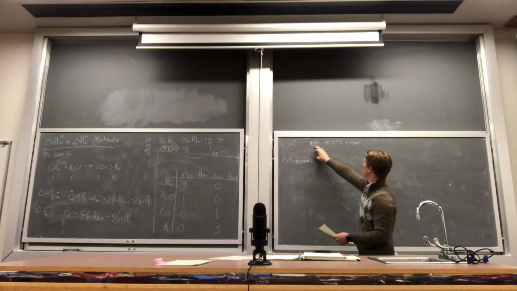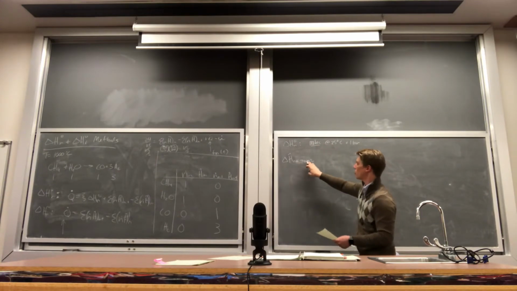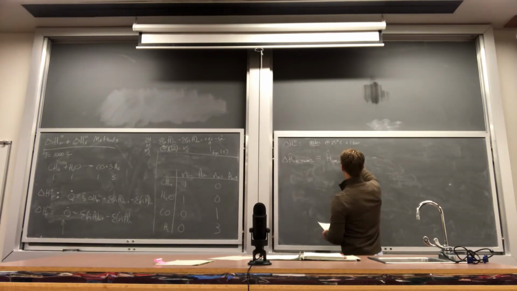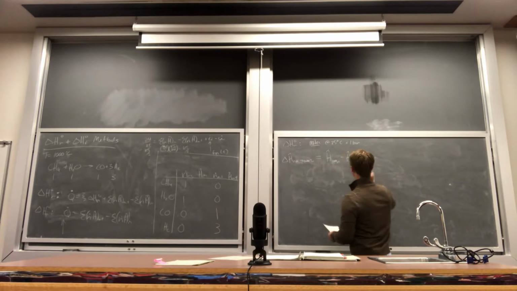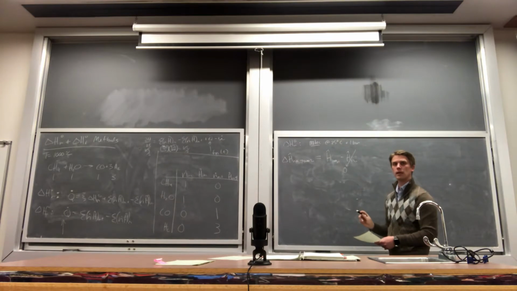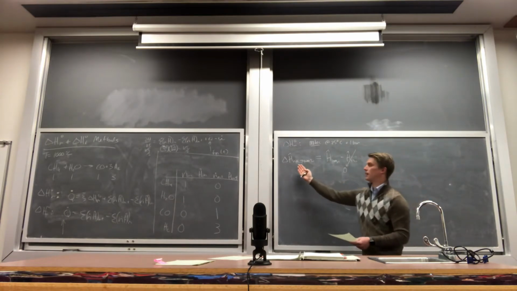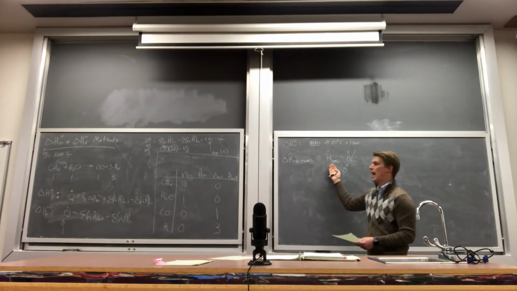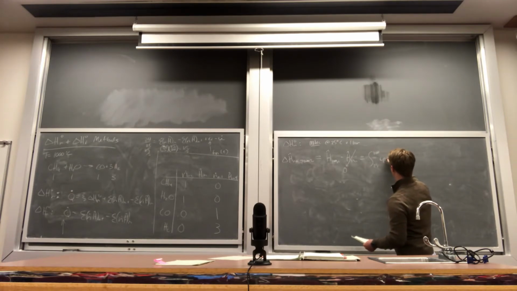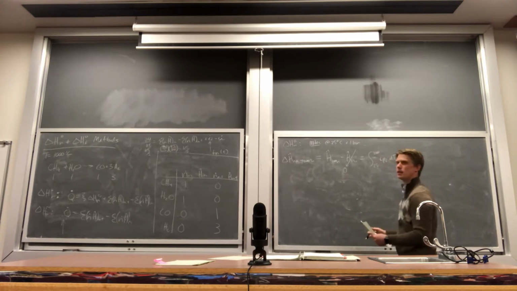So we're going from a molecule at 25 degrees C to a molecule at 1,000 degrees C. This is just equal to the enthalpy at 1,000 for species i minus the enthalpy at 25 degrees C for species i, which we call the reference state, which is 0, which allows us to relate this delta H that we're going to write down to the actual number that we're going to plug into the table. And this will just be the integration from 25 to 1,000 C of Cp for species i dT.